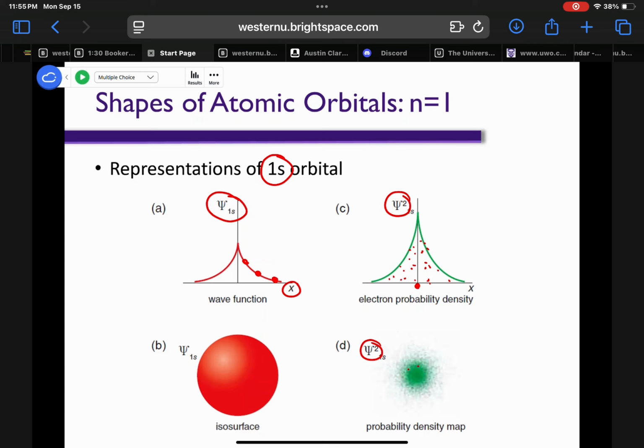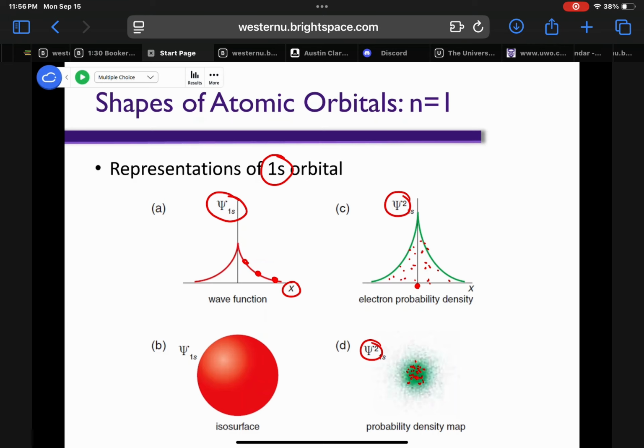Second picture, third, fourth, fifth, sixth, seventh, eighth, 1,000, 10,000, so many overlays. We can see most often the electron is close to the nucleus. Less often, it's found further from the nucleus. You can see that we're getting a circle here in 2 dimensions. And if this was 3 dimensions, we would have a sphere.